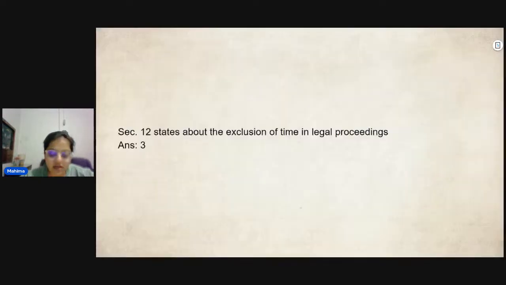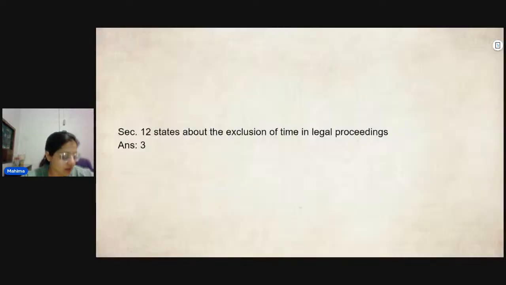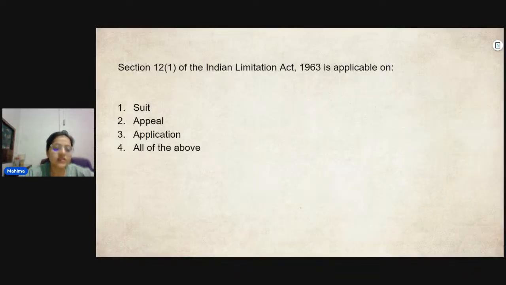Yes, Pritika is right. It is exclusion of time in legal proceedings. Each clause of Section 12 is important from the point of view of examination, for both prelims and mains. Section 12, Clause 1 of the Limitation Act is applicable on only suits, appeal, application, or all of the above.